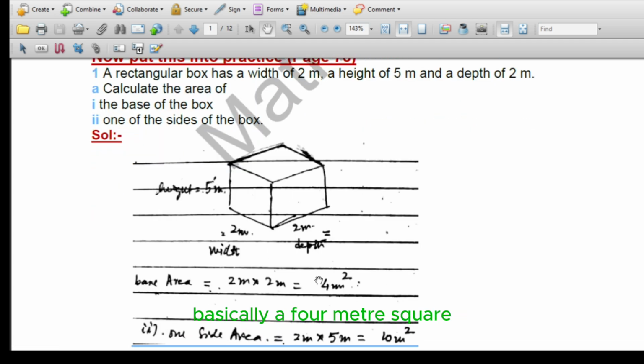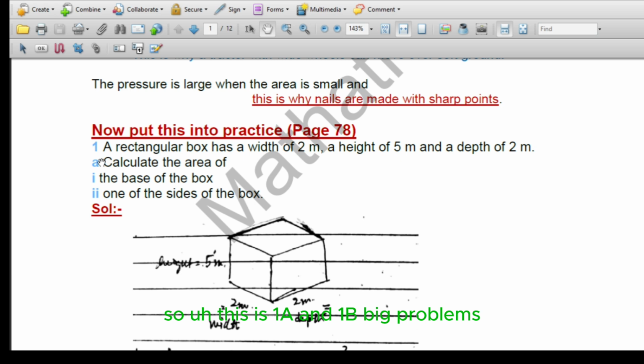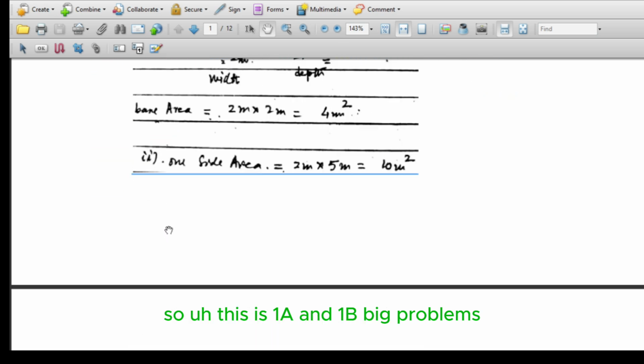For one of the sides, the height is 5 meters and the width is 2 meters, so this face is 5 times 2, which is 10 meter square. So part A is 4 meter square, while part B is 10 meter square.